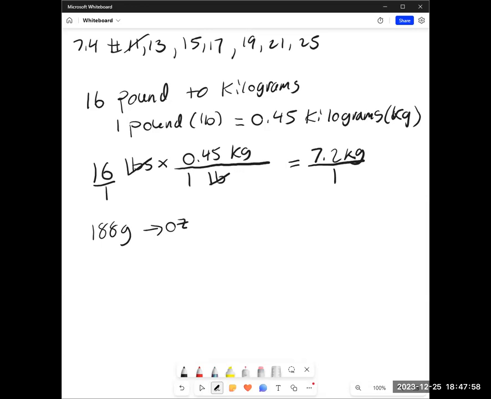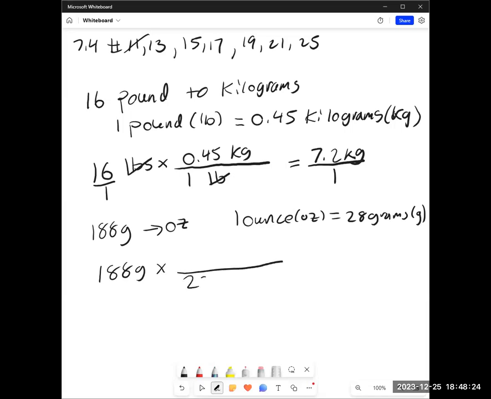And they tell us that 1 ounce is equal to 28 grams. So we're going to start out with 188 grams, multiply by, and then 28 grams goes on the bottom, and 1 ounce goes on the top.